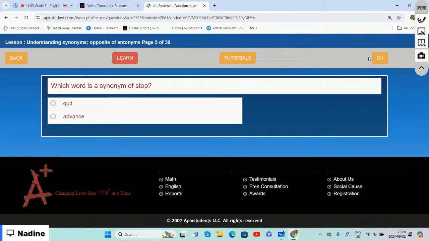The word that's the same as stop. Is it option one, to quit, or option two, advance?